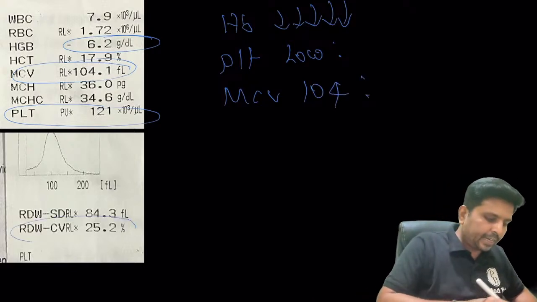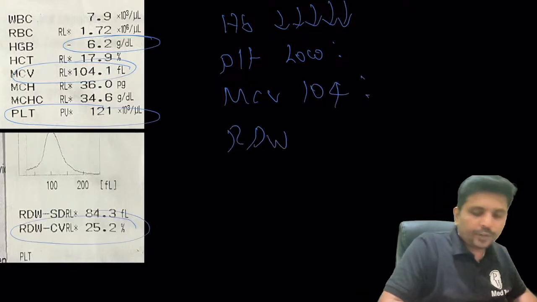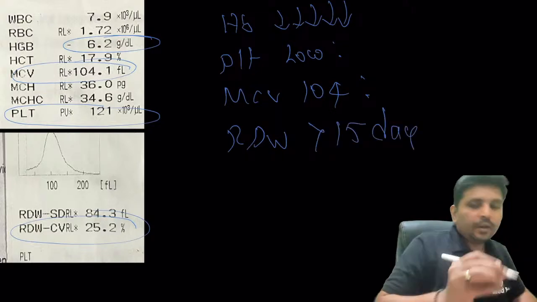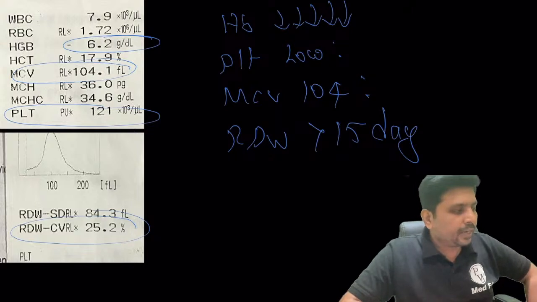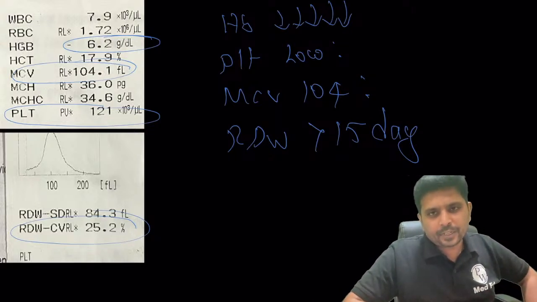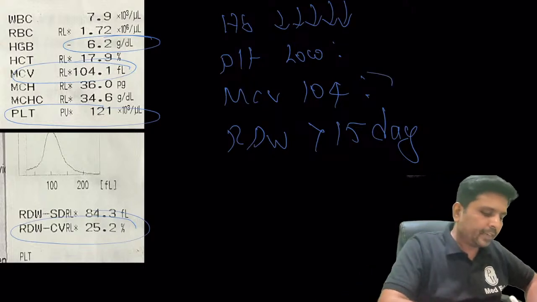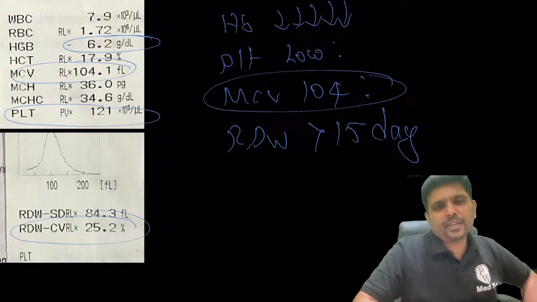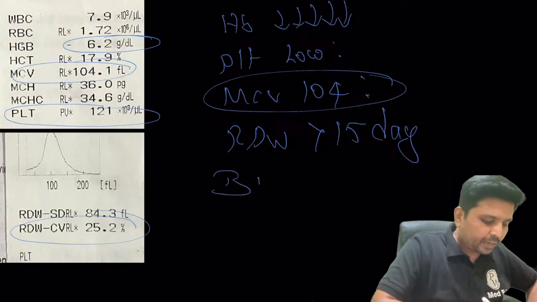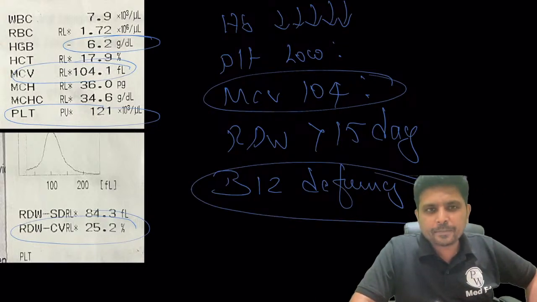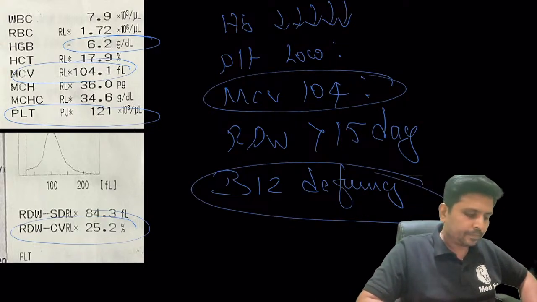Look at this RDW, red cell distribution width, more than 15. RDW is increased only in cases of nutritional anemia. Here RDW is increased, but it is macrocytic. So macrocytic megaloblastic anemia with raised RDW is B12 deficiency.